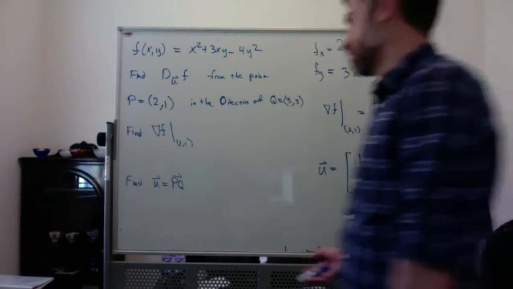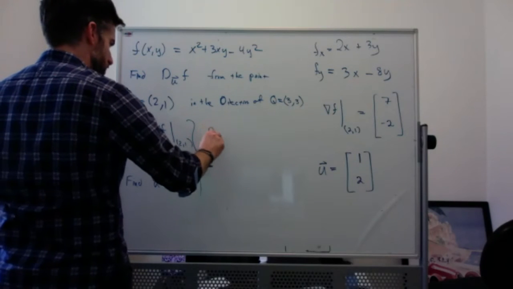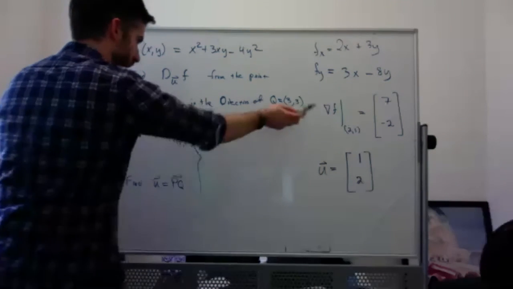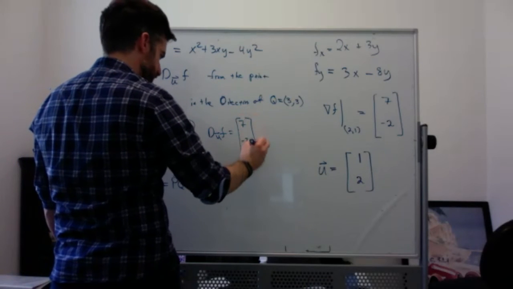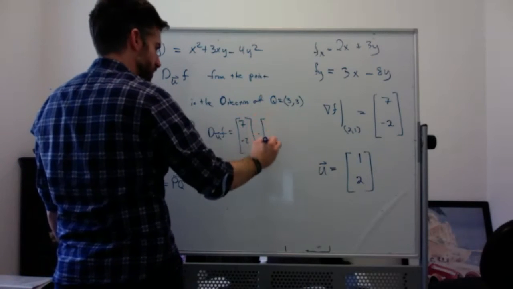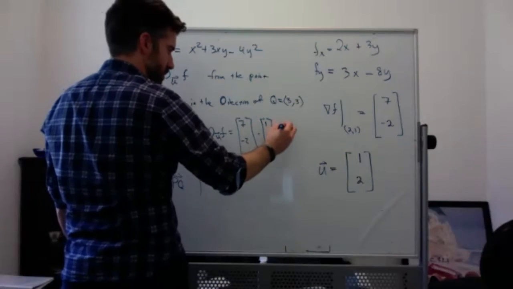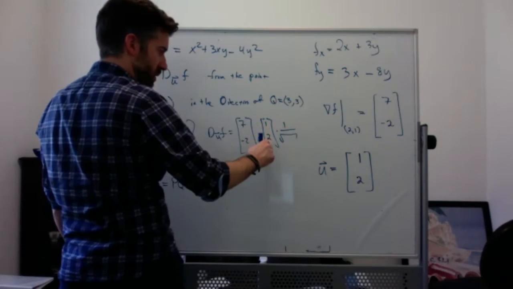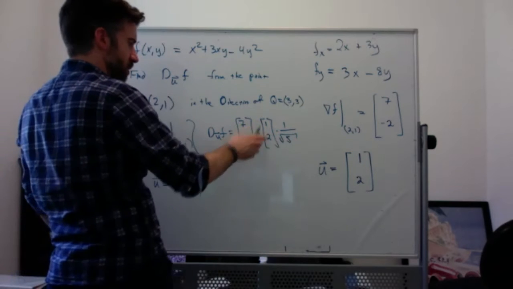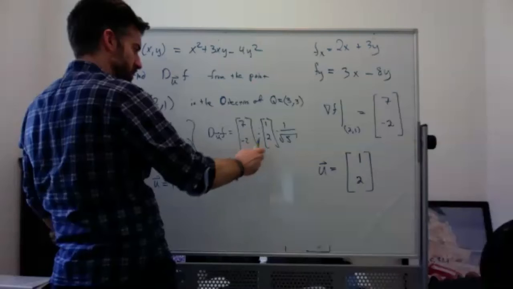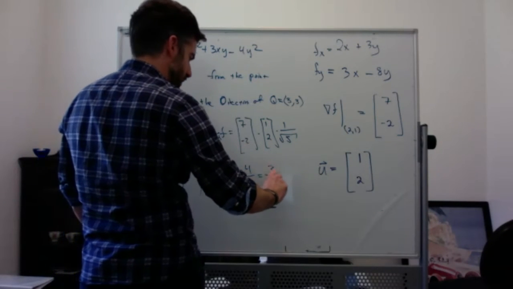Okay, so then to find my directional derivative, it's going to be this vector dotted with that vector divided by the magnitude of this vector, which is 1 over the square root of 1 squared plus 2 squared, which is 5. This is looking like 7 times 1 plus negative 2 times 2, all over the square root of 5, so 3 over root 5.